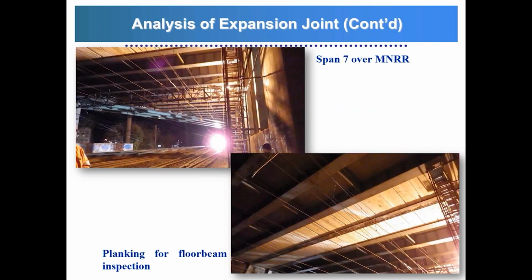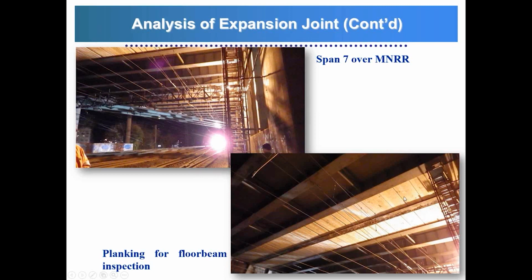So here I have a few pictures of a field inspection that we conducted to assess the situation of the joint and the non-composite floor beam. This is the main span over the railroad. You can see that over here. Actually, there's a train coming over there, and here you have the cables for the catenary system of the railroad.